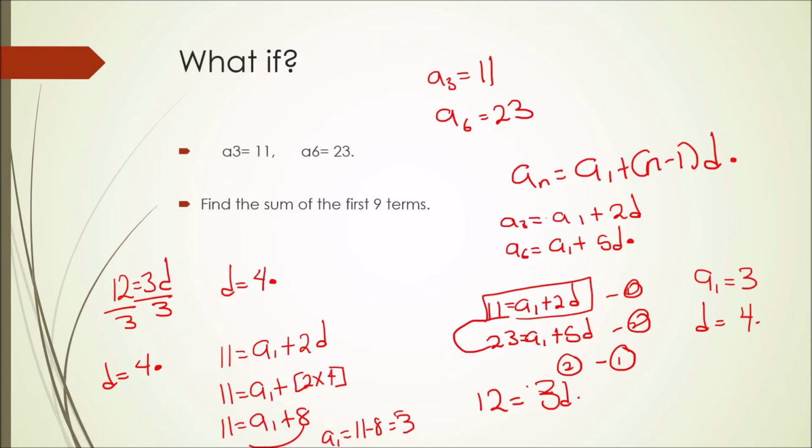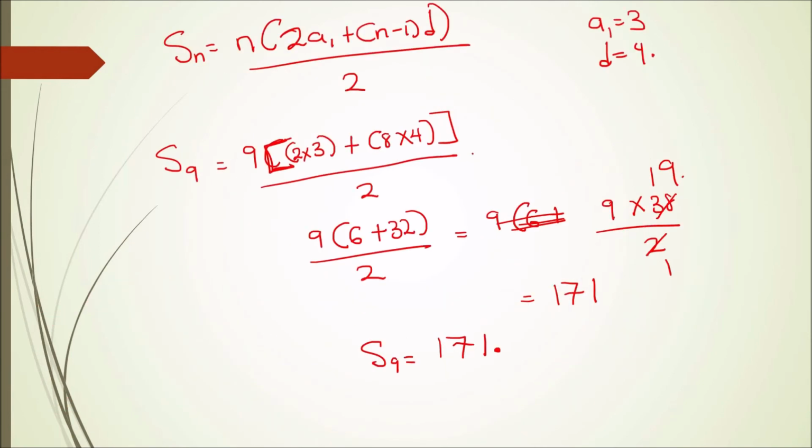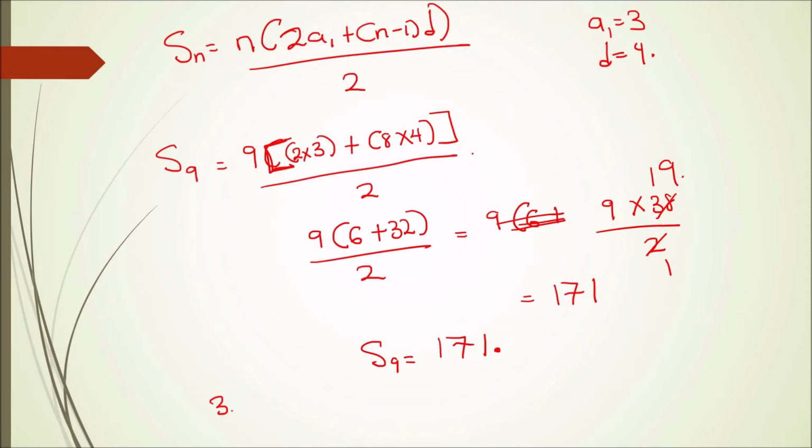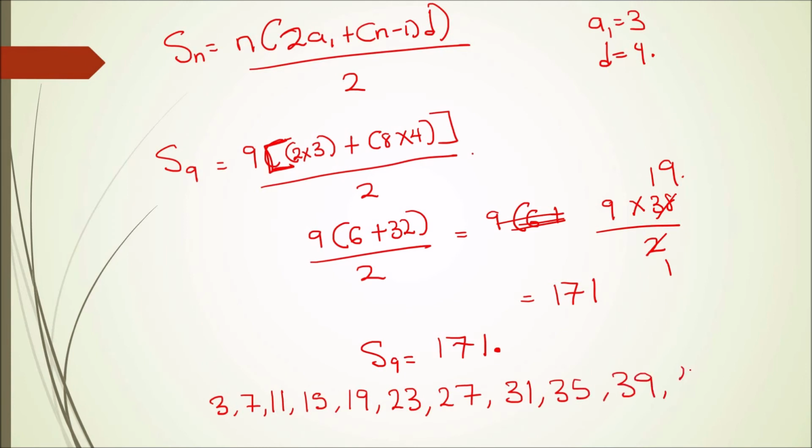Now let's move on. So we have the sum of the first 9 terms as 171. If you want to remember, our A1 is 3, so we just keep adding 4. 3 plus 4 is 7, 7 plus 4 is 11, 11 plus 4 is 15, 19, 23, 27, 31, 35, 39, 43, 47.